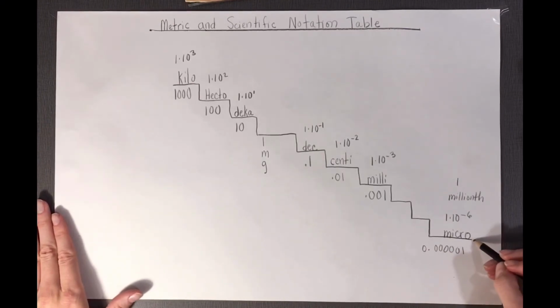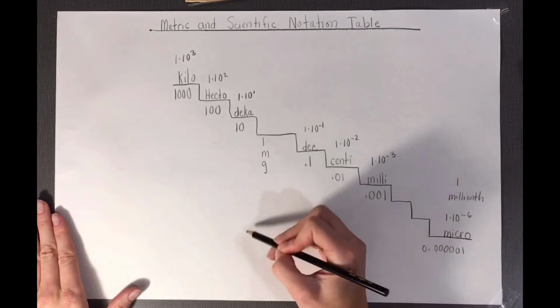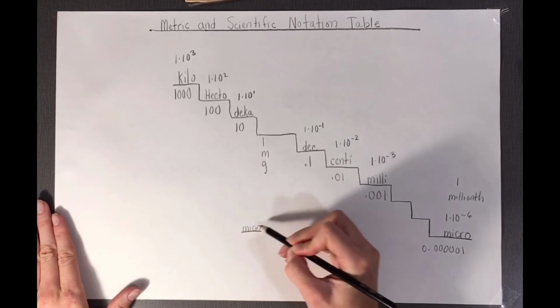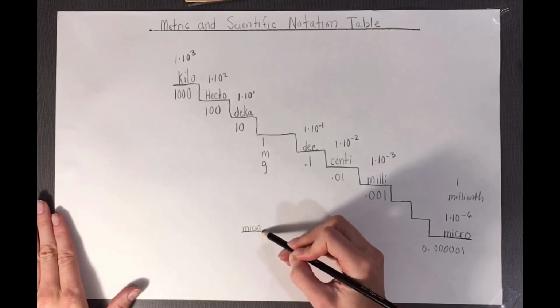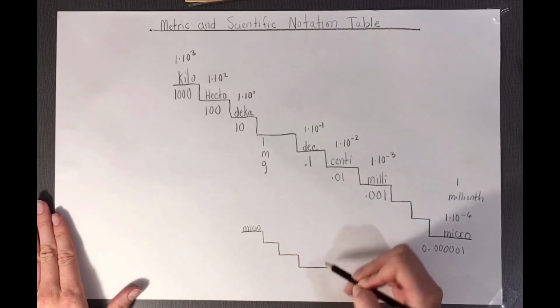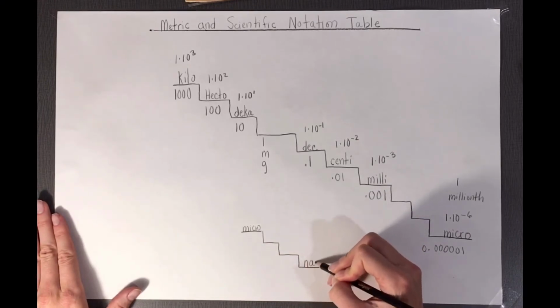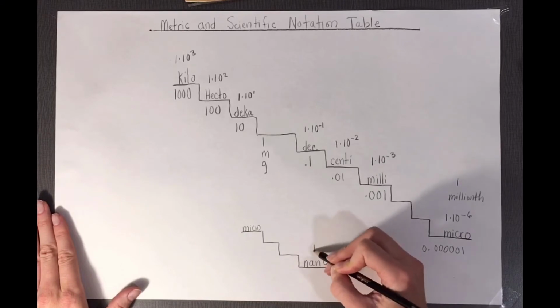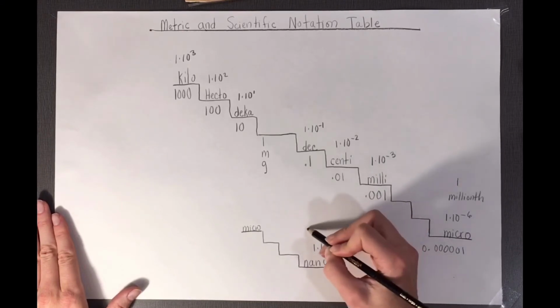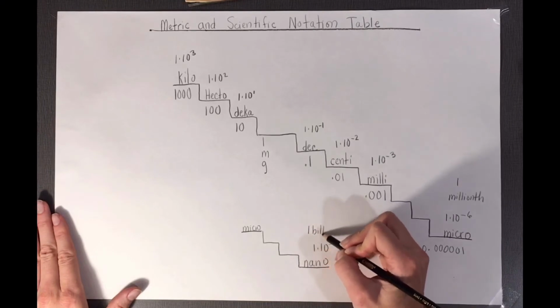We also talked about the nano. If you have room on your paper, you go down 3 more steps. So if this were the micro, then you go down 3 more steps, 1, 2, 3. This is the nano, 1 times 10 to the minus 9th, or 1 billionth.